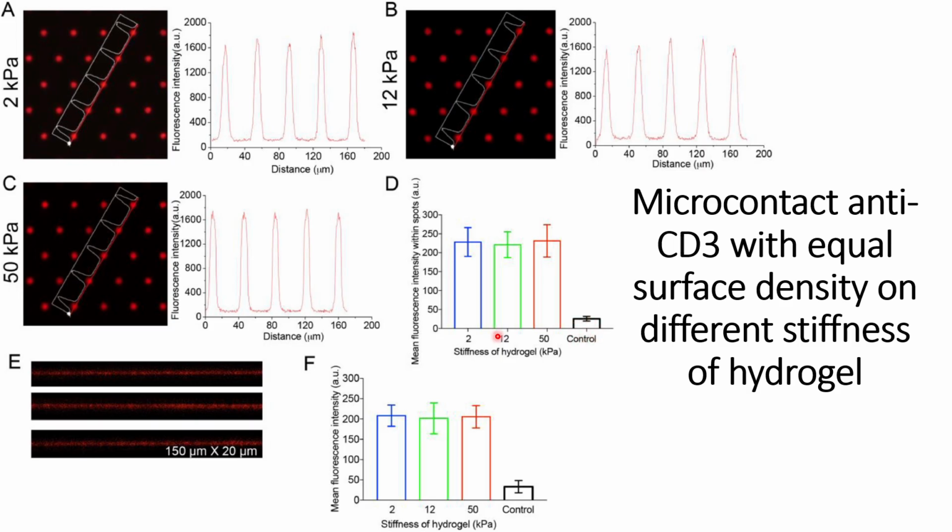And when they did the experiment where they print anti-CD3 using a flat stamp, they are able to see the fluorescence intensity, and this is in the Z direction, and this is quantified in panel F, where we can see that the mean fluorescence intensity is almost comparable for the different stiffness of the hydrogels, but for the control there is no fluorescence.